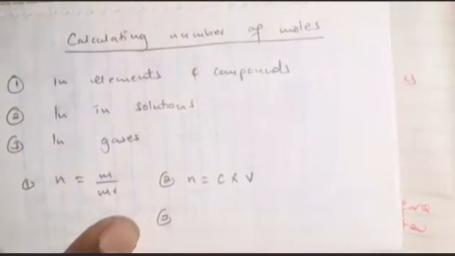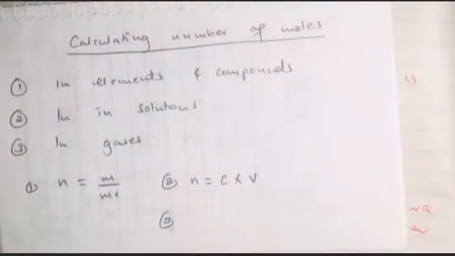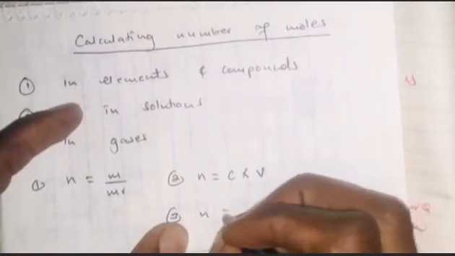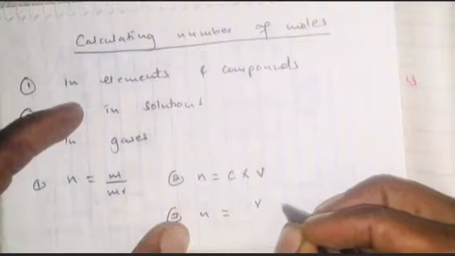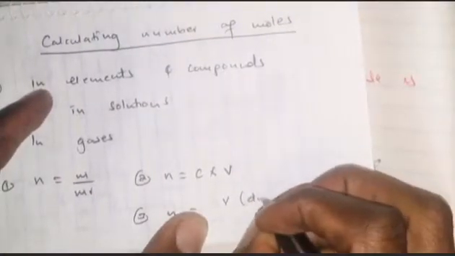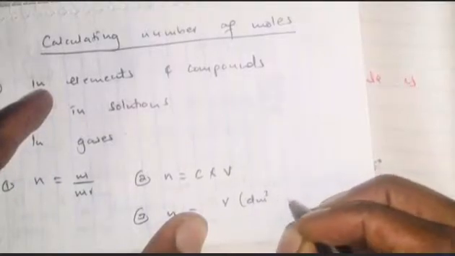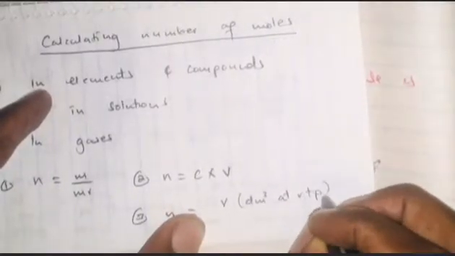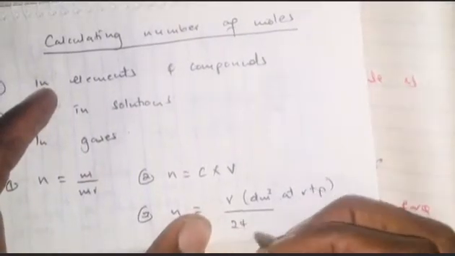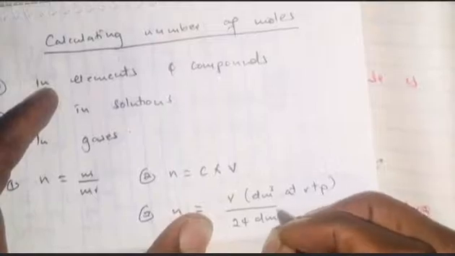If we want to calculate the number of moles in gases, the number of moles is equal to the volume of the gas in dm cubed, or decimeter cubed, at room temperature and pressure, over 24 decimeter cubed.